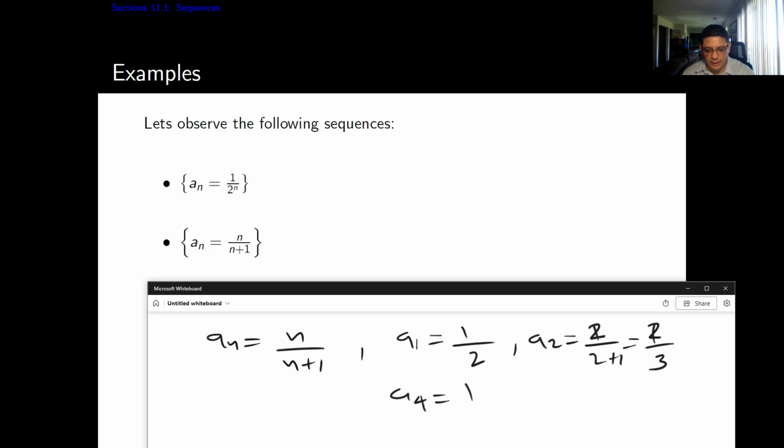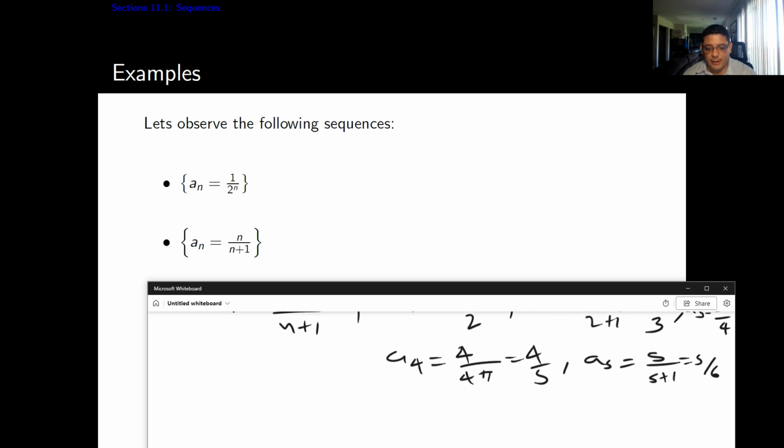I forgot a3, so a3 will be 3 over 3 plus 1, which is 3 over 4. a4 is going to be 4 over 4 plus 1, so 4 over 5. And finally, a5 will be 5 over 5 plus 1, so 5 over 6. Okay, so this is one way of representing those five terms.